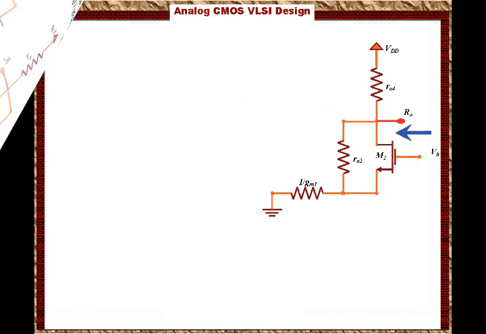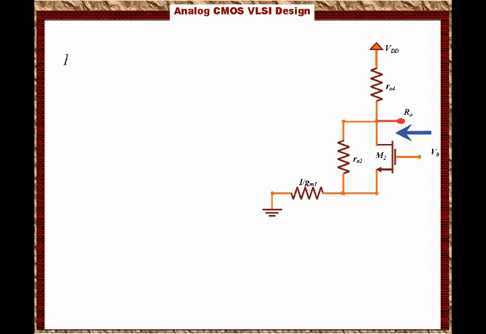So when we do that, we can see that RO equals 1 plus Gm2 times RO2 times 1 over Gm1 plus RO2, in parallel with RO4.